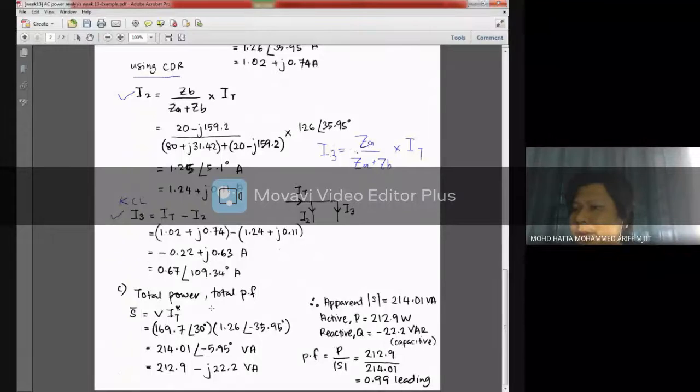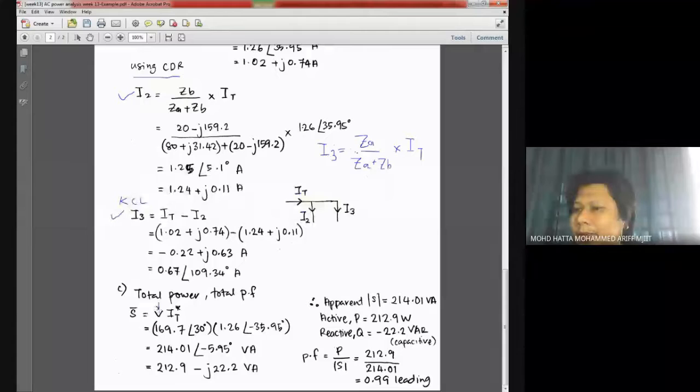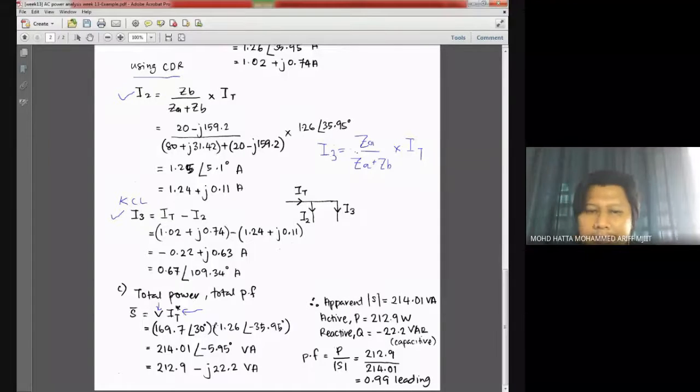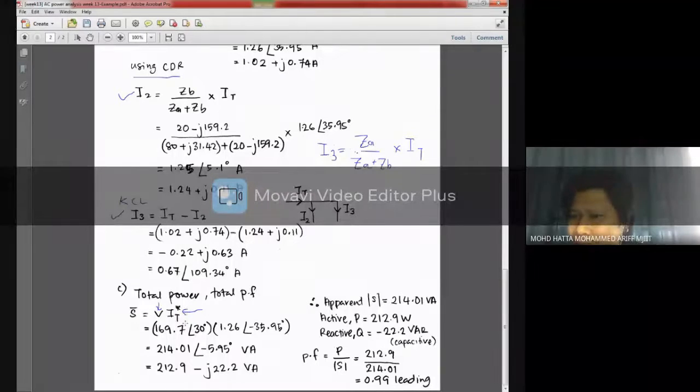Total power means that we will use the information of our voltage as well as our total current. In this case, the easiest and fastest way is by using this equation, where we have V times I total conjugate.